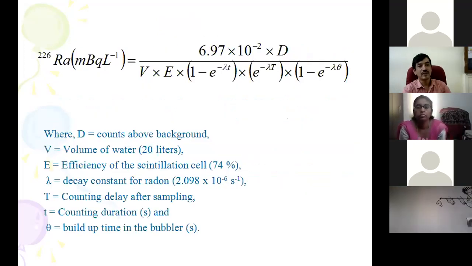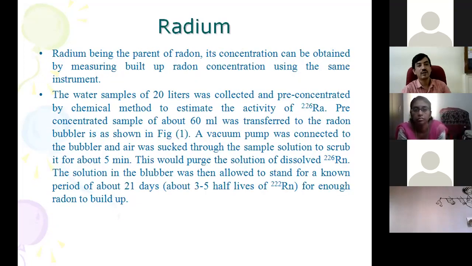To overcome that, we have to collect a large quantity of water sample, say 20 liters, and we pre-concentrate this water sample by chemical method without losing any radium atom in the water sample.